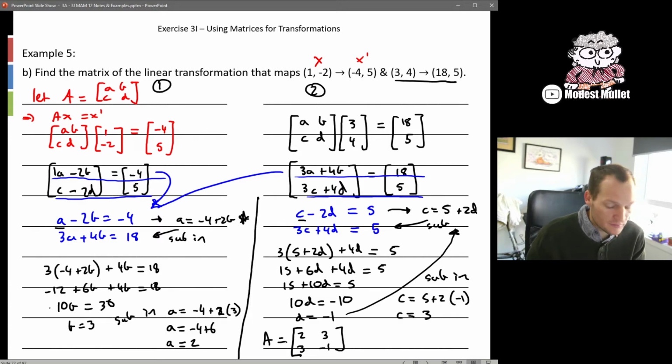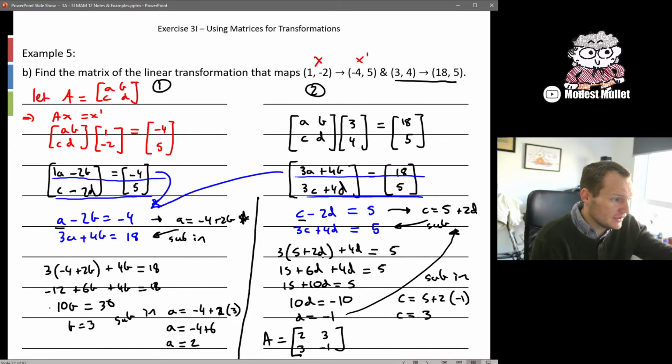That is my transformation matrix that I called A at the start. So there's a lot of algebra work, just doing the simultaneous equations, doing the matrix multiplication. That's it. So we can see that there is that matrix that can transform any coordinate.